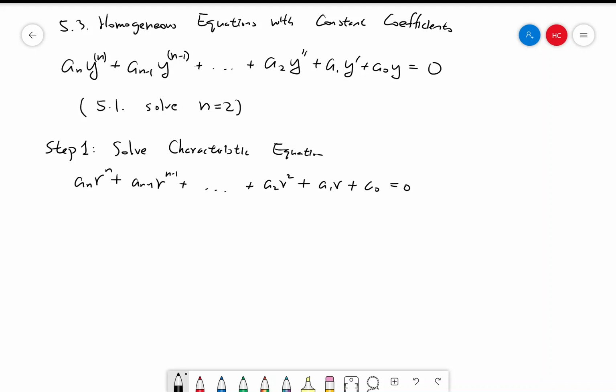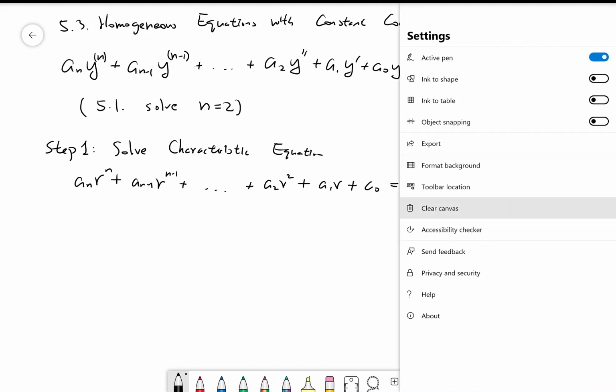Right. But in section 5.1, n is equal to 2, so this is a quadratic equation which we know how to solve. But now n is larger, so we first need to learn how to solve equations with degree higher than 2.